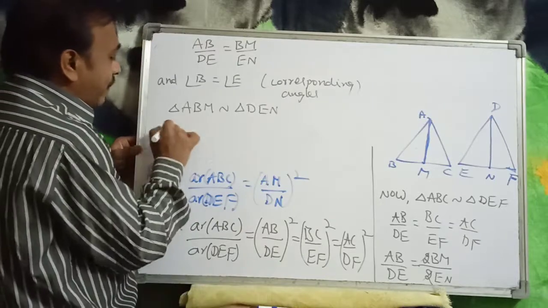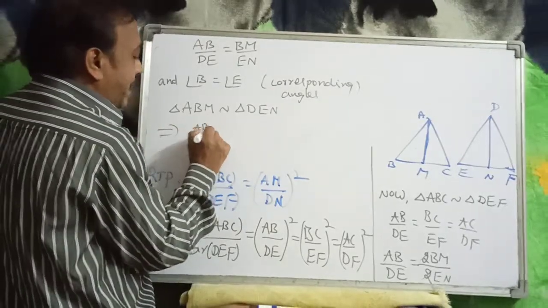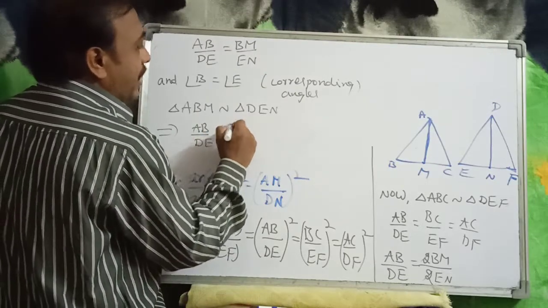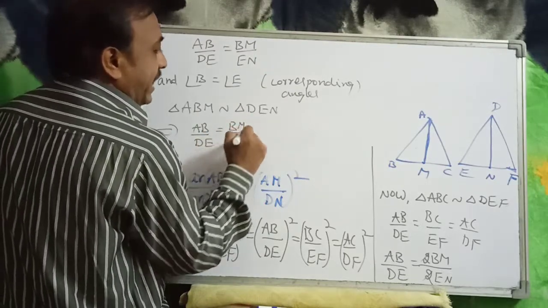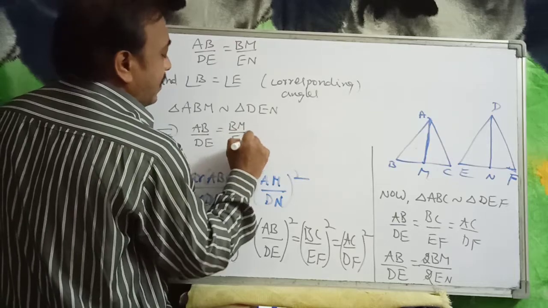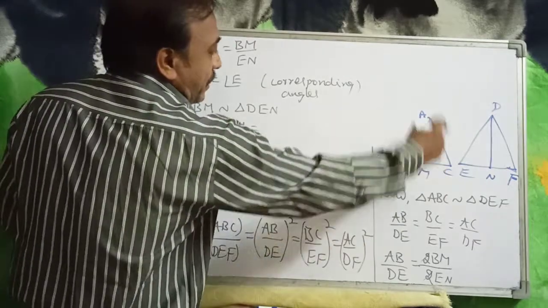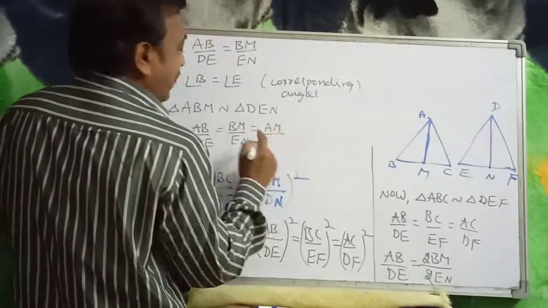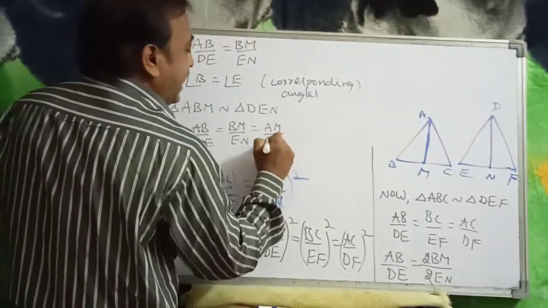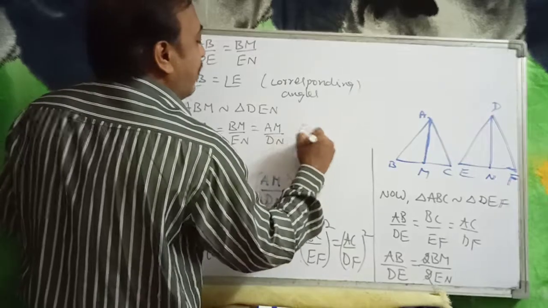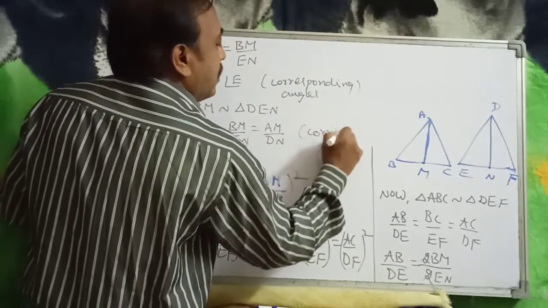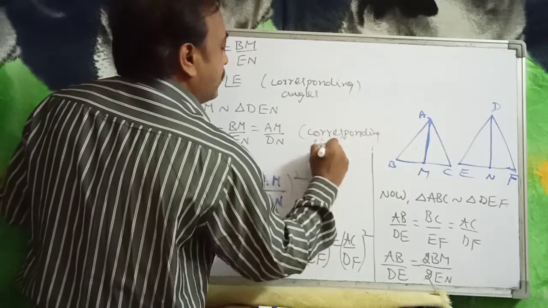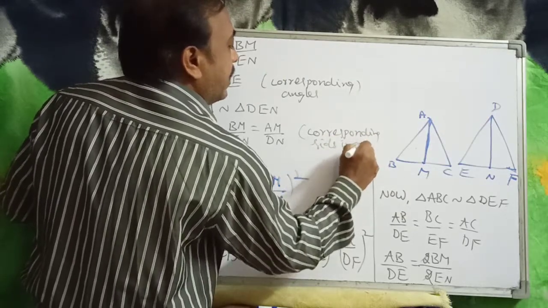Which implies, from this you can write AB by DE is equal to BM by EN is equal to, corresponding sides, AM by DN. Corresponding sides are in proportion.